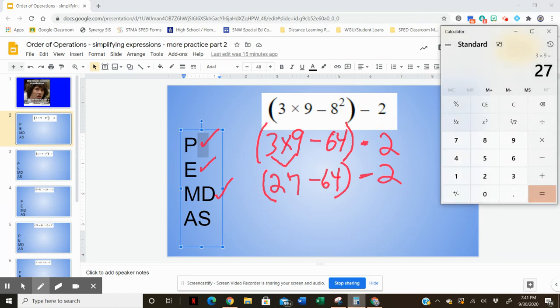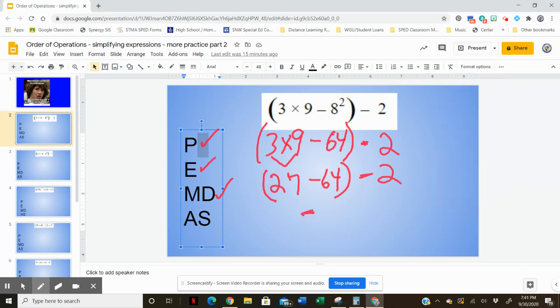Here I can use my calculator to help me figure that out. I'm going to type 27 minus 64, and it gives me a negative answer, a negative 37. Make sure to include that negative sign because negative 37 is very different than a regular 37.